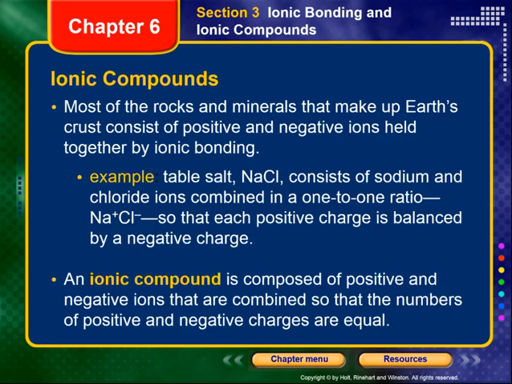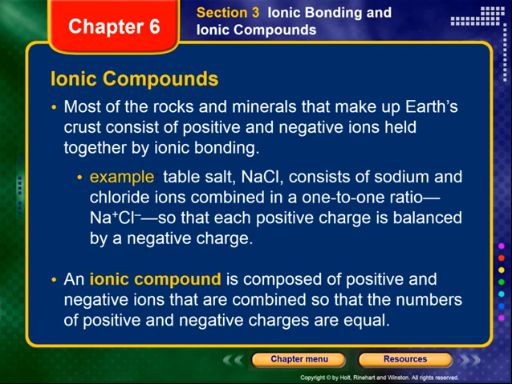Most of the rocks and minerals that make up Earth's crust consist of positive and negative ions held together by ionic bonding. For example, table salt, you guys know this, made up of Na and Cl, consists of one sodium and one chloride ion combined in a 1-to-1 ratio, Na plus and Cl minus, such that each positive charge is balanced by a negative charge.